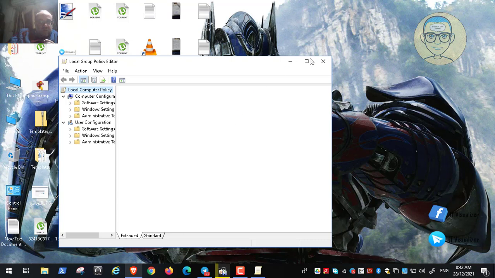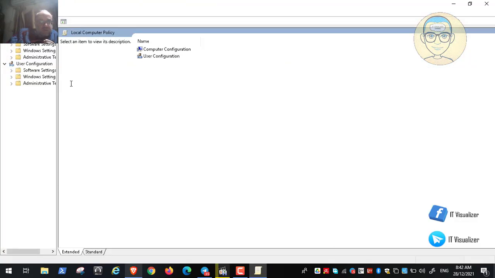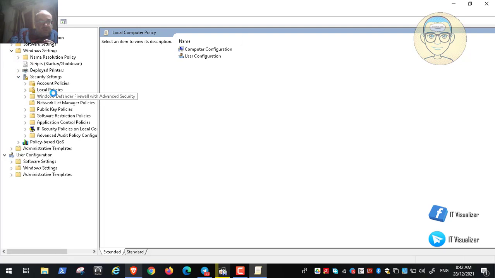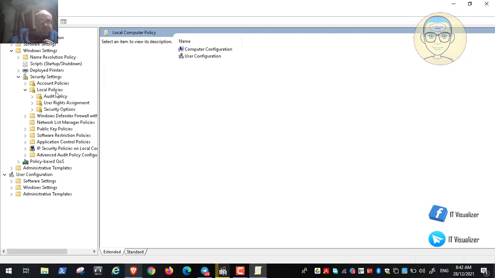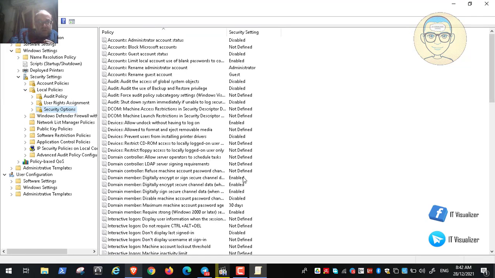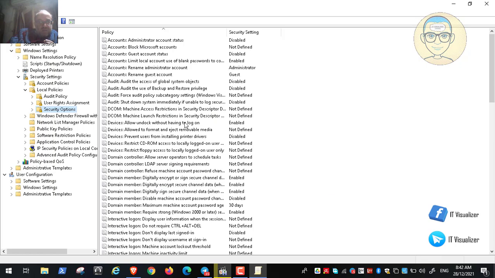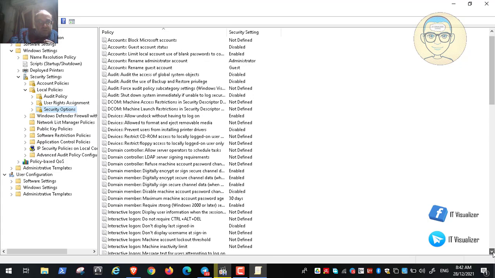We can open it, maximize it, and then open Windows Settings, and then we go to Security Settings, then Local Policies, then Security Options, and then let's see this group policy. It is saying enumeration of SAM accounts. I think it's relating to the network. So let's go there.